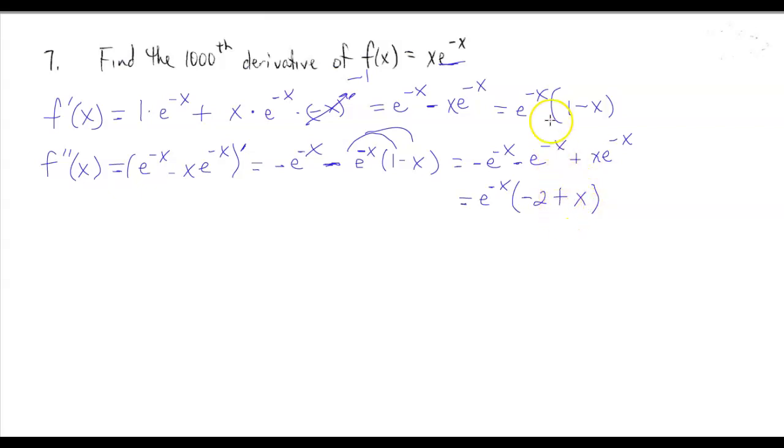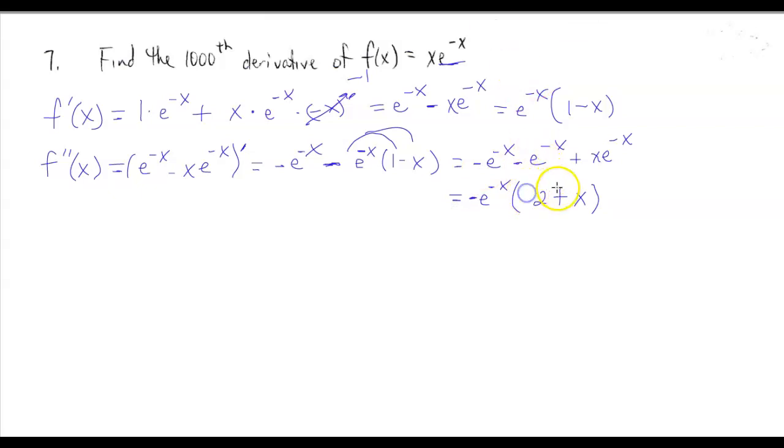Now, if you notice here, we're starting to see a little bit of a pattern. And if I wanted to have this match what this is doing, I could pull out a -1 here. And so if I pulled out a -1 out of both terms, instead of just factoring out a positive e raised to the -x, I can factor out a negative e raised to the -x.